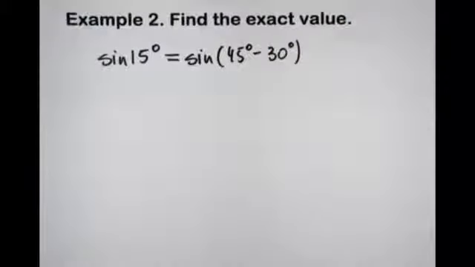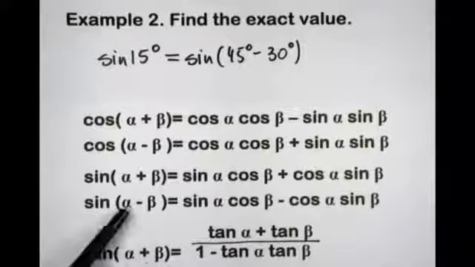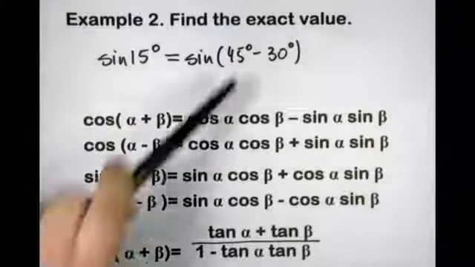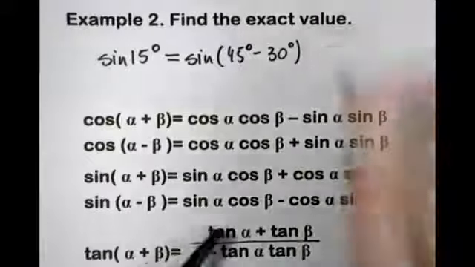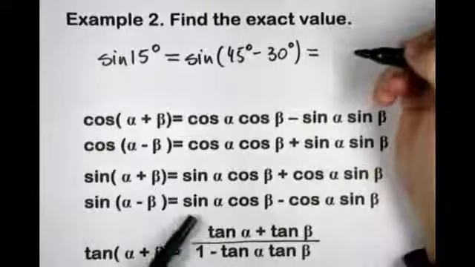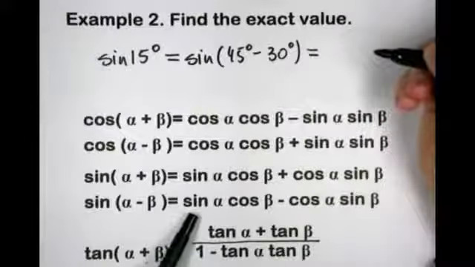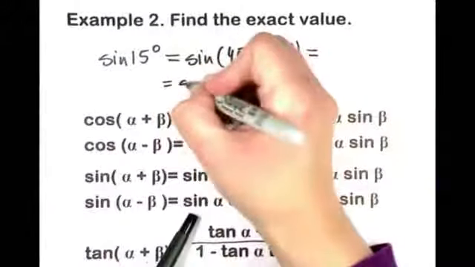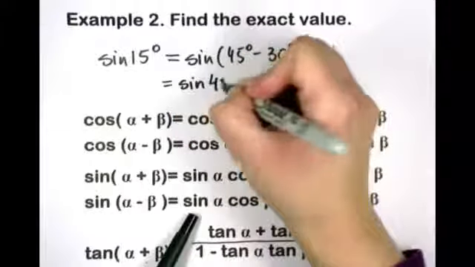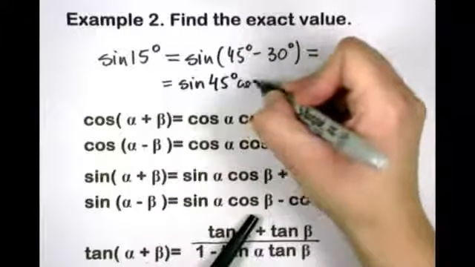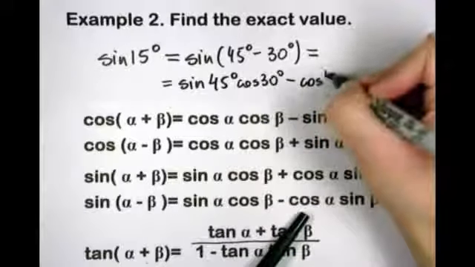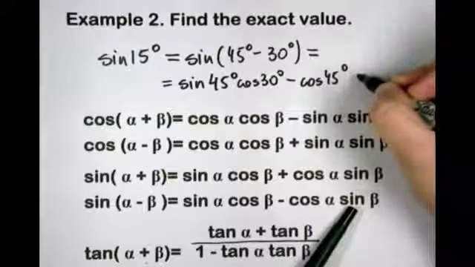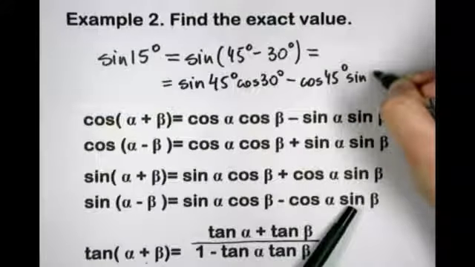And then we can use the identity for sine of alpha minus beta. My alpha is 45, my beta is 30. So according to this formula we have sine alpha, which is 45, cos beta, which is 30, minus cos of the first angle 45, and then we have sine beta, which is 30.